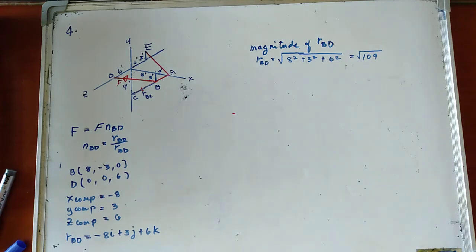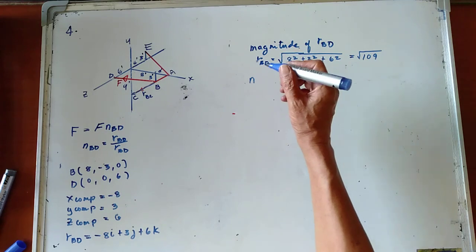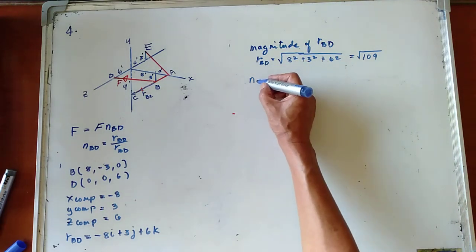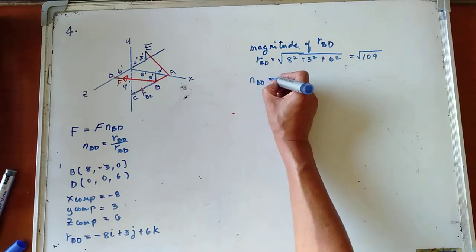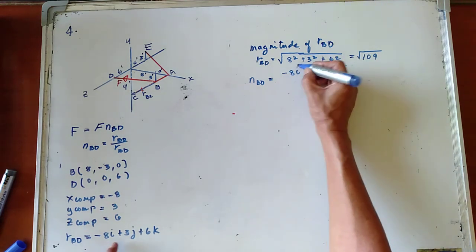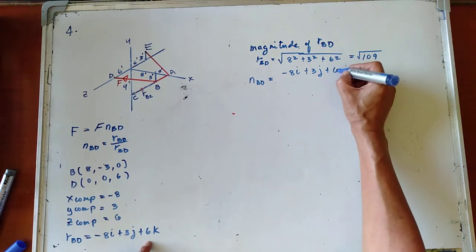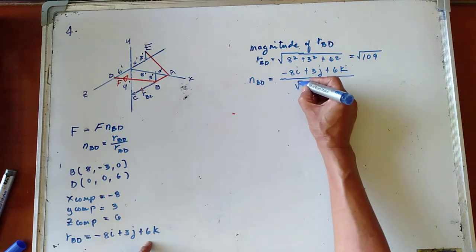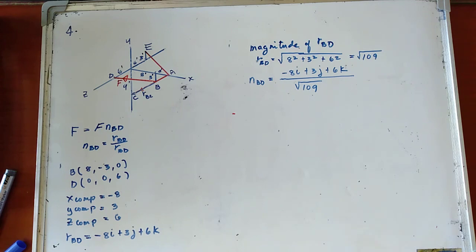So we now have the unit vector BD, which is equal to minus 8i plus 3j plus 6k all over the square root of 109.